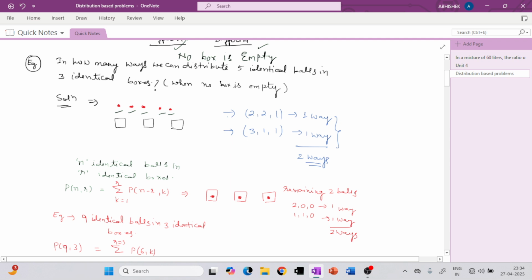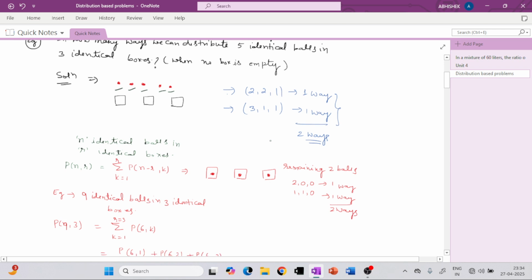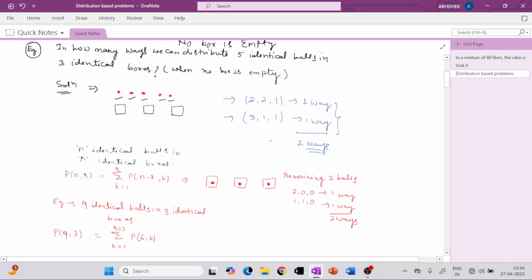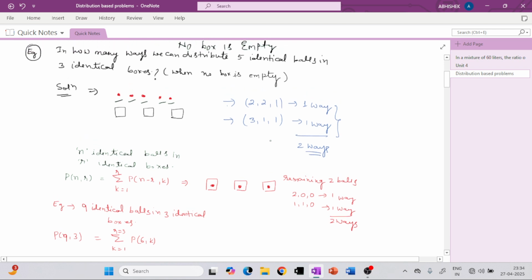There are so many ways, but remember one more thing: when we are using identical things, I have already discussed in the class that when the articles are the same, then the number of ways of arranging those things will always be equal to 1.